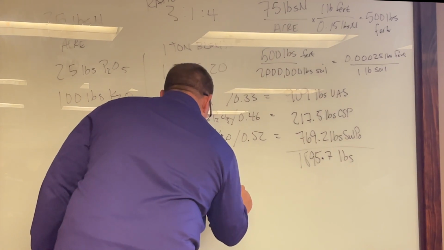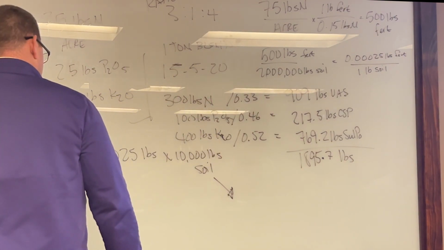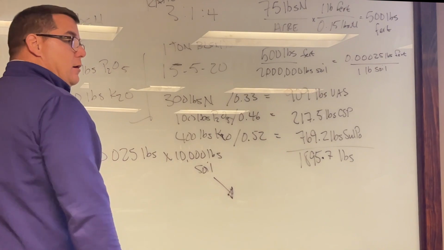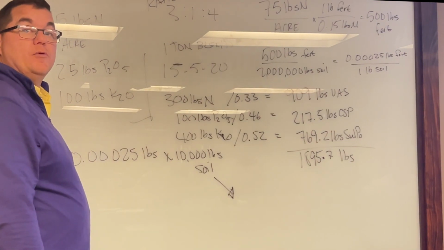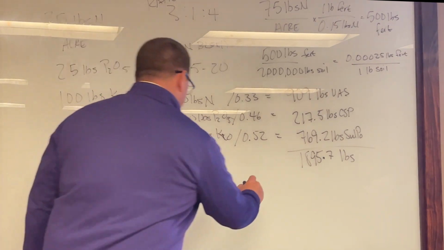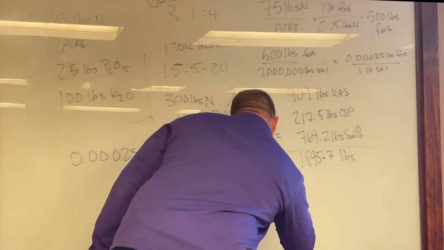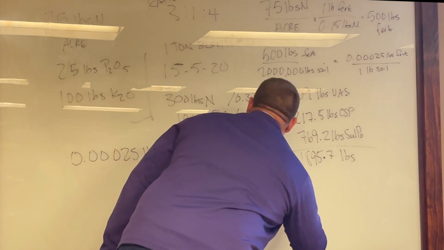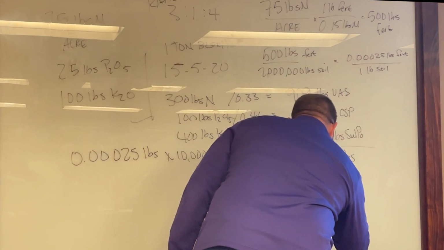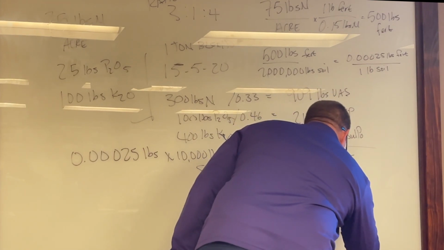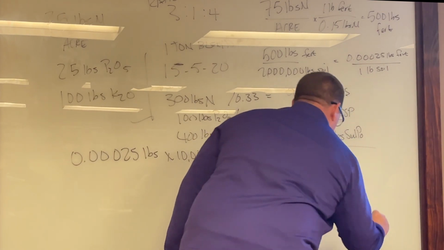That value will be what number for me, Joseph? 2.5. We need 2.5 pounds of 15-5-20 per batch.